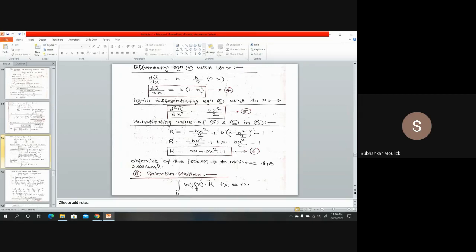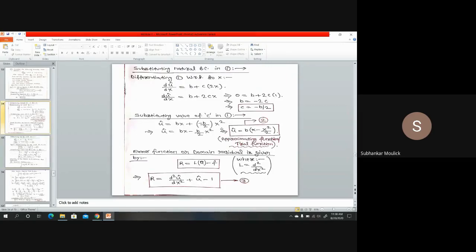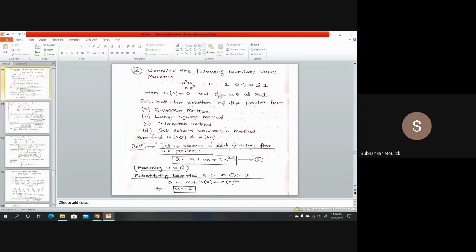That means I will use this trial function, u cap = b of x minus x square by 2. Why I haven't used the earlier trial function? Because a is unknown, b is unknown, c is unknown, you cannot solve the problem. So by the help of these given boundary conditions, we converted a and c into b.